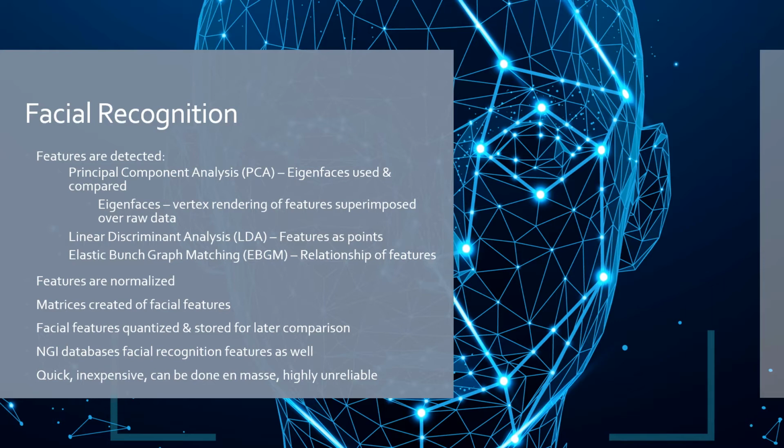Elastic bunch graph matching examines the relationship of features. So not necessarily mapping out a whole face, but you can use just a part of a face and look at the relationship between this corner and the top versus a cheekbone versus the edge here. And instead of just putting lines between them and overlapping the lines, it creates ratios of distances to one another and uses those ratios to characterize people instead.